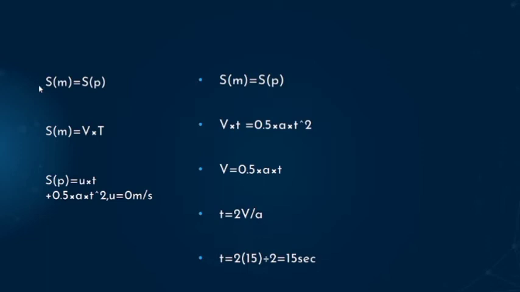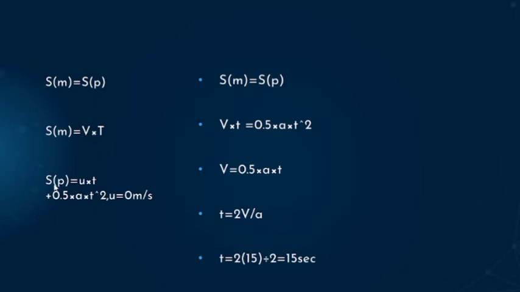So the distance of the motorist must equal the distance moved by the police officer. We use the equation of uniform motion for the motorist because it has a constant speed of 15 meters per second. So the distance of the motorist is equal to v times t, velocity of the motorist times time taken.